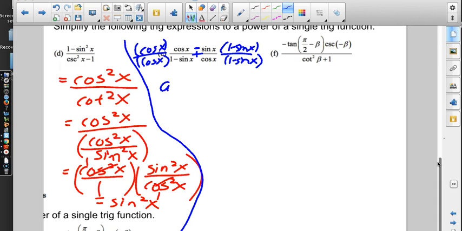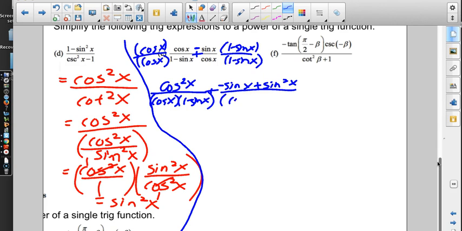So on the top now I'll have cosine squared x over cosine x times 1 minus sine of x. Now I'm not going to put that together just yet. I'm not going to distribute cosine x. My hope is something nice is going to happen and things are going to drop out. Plus, this would be a negative sine x plus sine squared x over cosine x times 1 minus sine of x.